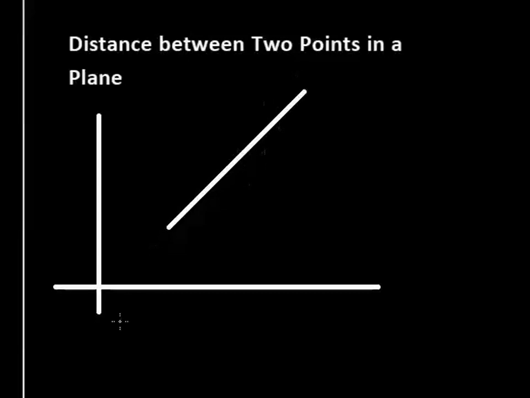The very first point here is x1 comma y1. All right, the second point here, which is P2, is x2, y2.